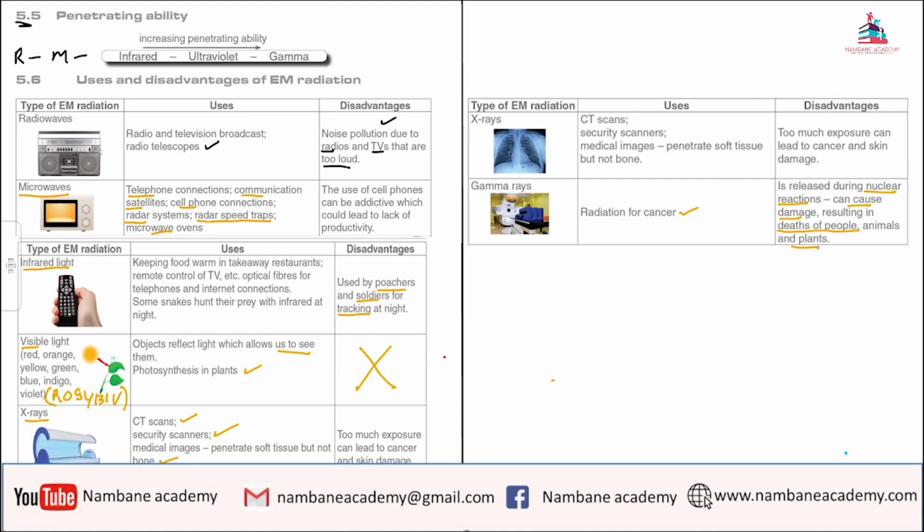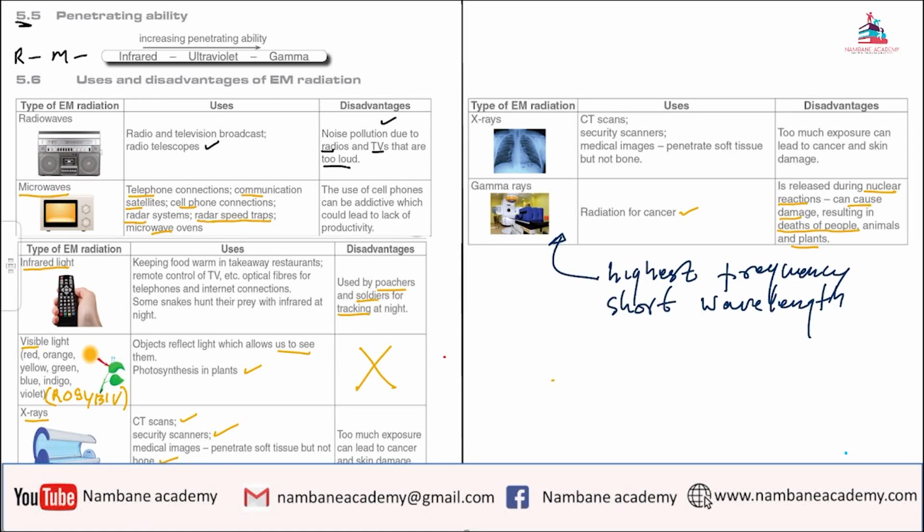Now, there's one thing that I want to emphasize here. My emphasis will be on gamma rays. Very, very important. Gamma rays have the highest frequency, short wavelength. Very, very, very important.